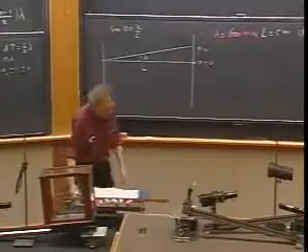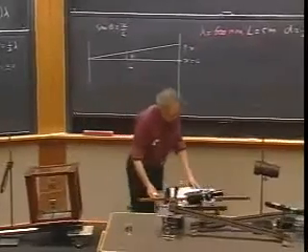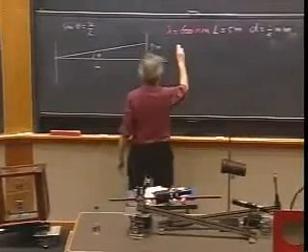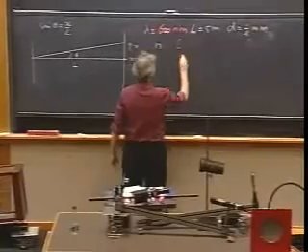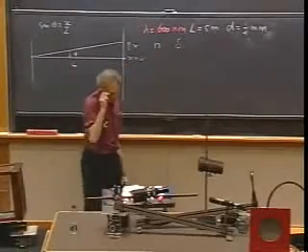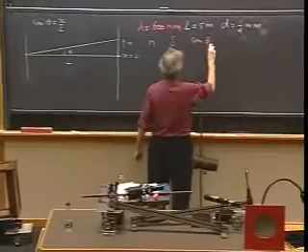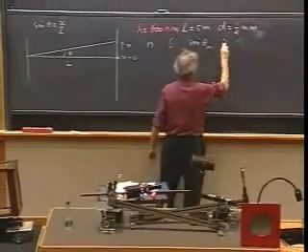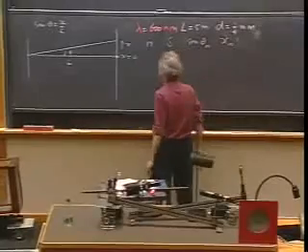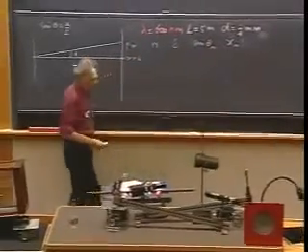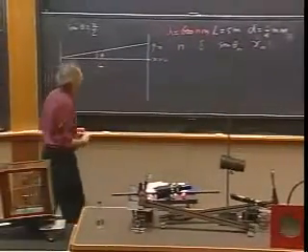So now, let's evaluate what n is. Let's evaluate what delta is. Let's evaluate what the sine of theta of n is. And then we will evaluate what x of n is. And we will do that for constructive interference.